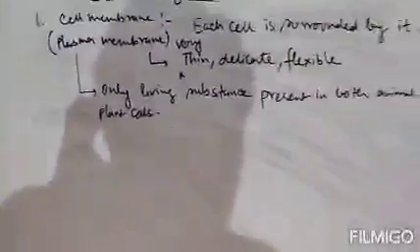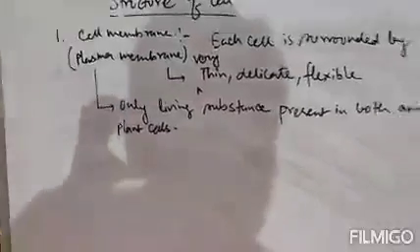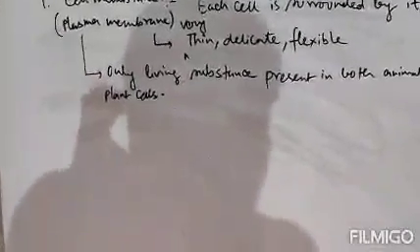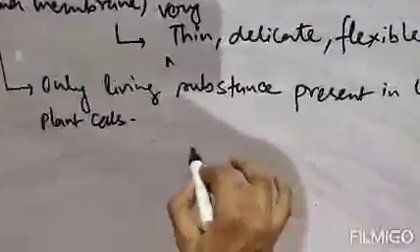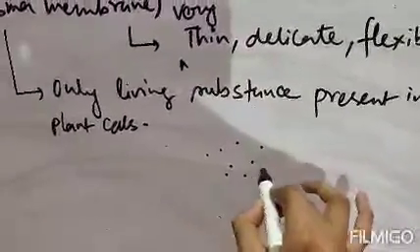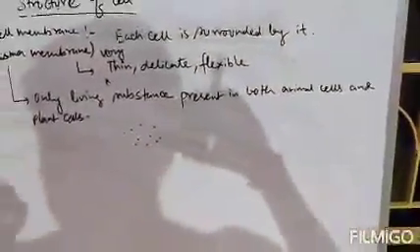Clear? Now this cell membrane, the outer covering layer, has fine pores in it. It contains very tiny, fine pores through which it allows certain substances to pass through it. Certain substances means all substances cannot pass through it.